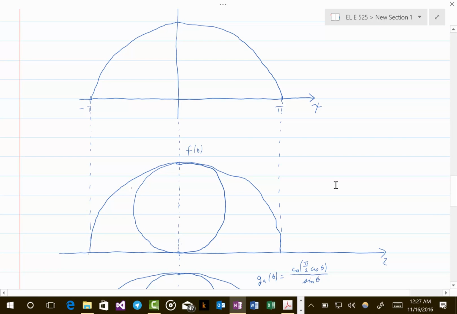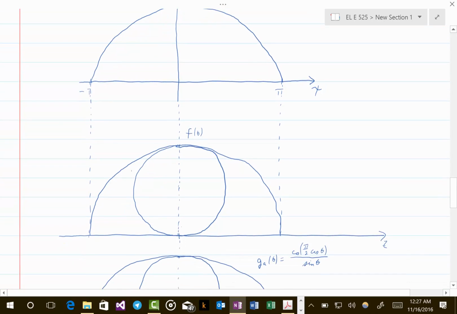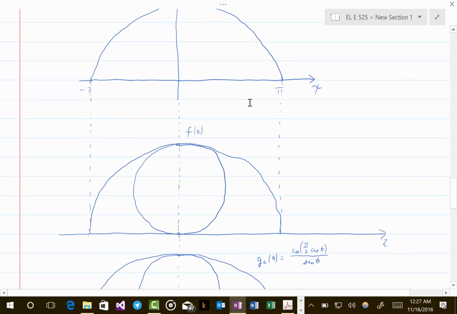Now let's come below to draw the figure, the polar plot for f of theta.